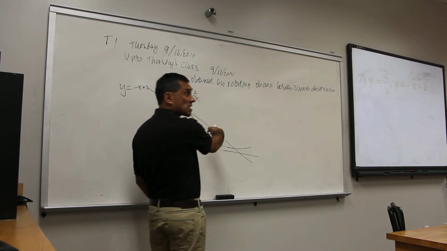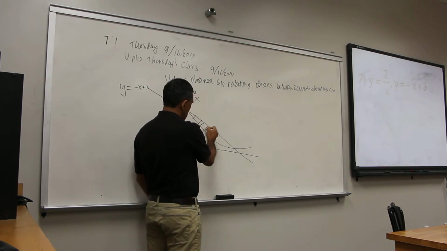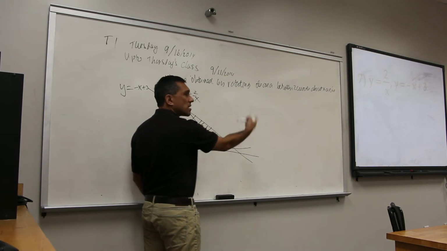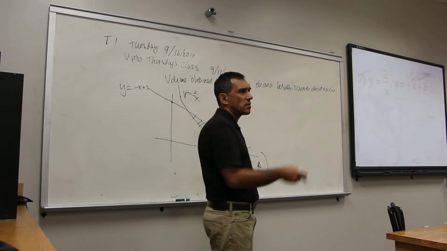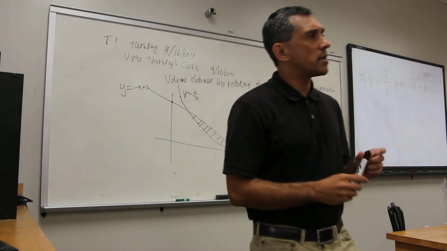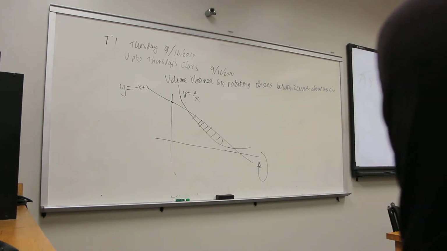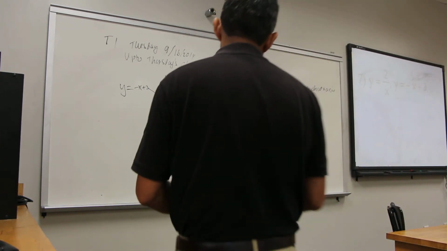So you're going to take this area here and rotate it about the x-axis and find the volume of the solid you obtained by doing that. So you're going to pick up something very strange.